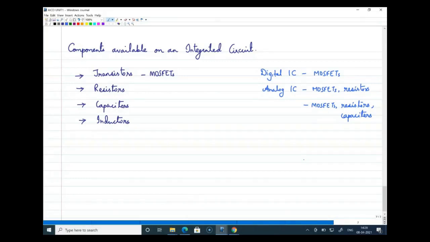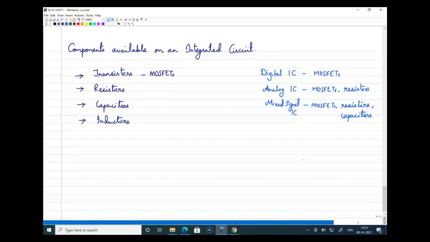When you use capacitors along with MOSFETs and resistors, we call such ICs mixed signal ICs. I call it a mixed signal IC because the function realized by that IC, the main idea, is to convert an analog signal into digital. So it will store the value of an analog signal, and it will convert that into digital.